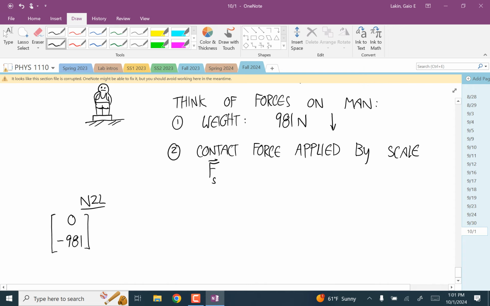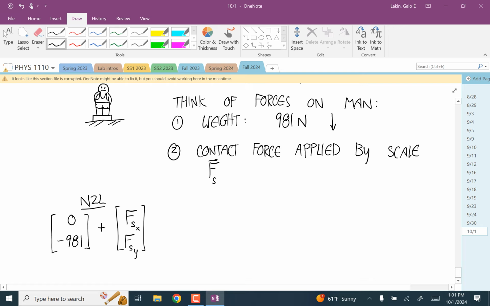We're analyzing the man, so there's a downward force applied by gravity. And there's a force applied by the scale. I guess I'll break that up into components. So Fsx and Fsy. Those are the only two forces.